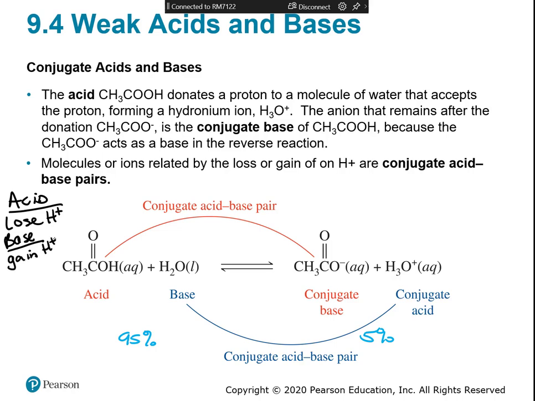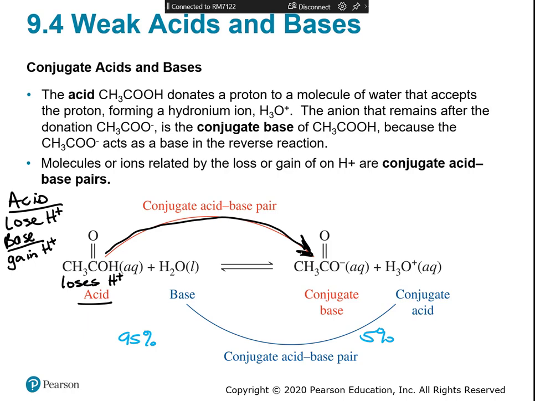If you follow this one, find its pair. Do you see that it loses an H? It goes from CH3COOH to CH3COO minus. So it loses its hydrogen ion, H plus. That's an acid going in this direction.